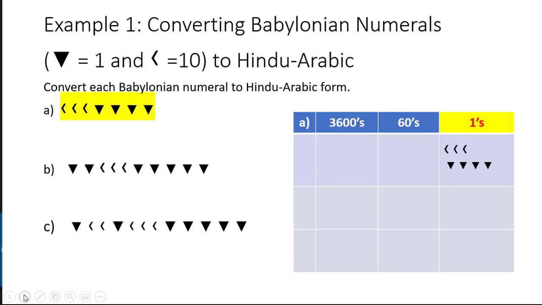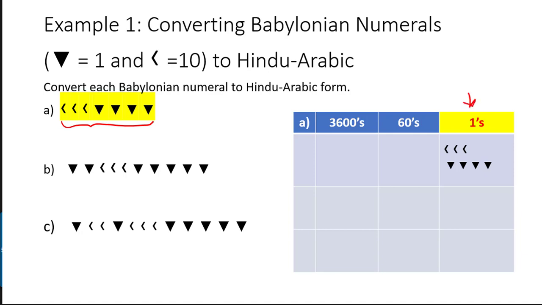Let's go ahead and convert these numbers from Babylonian numerals to Hindu-Arabic form, our regular number system. Let's start with A, and remember that the inverted triangle is 1 and the little wedge is a 10. So in A, we only have one grouping of 10s and 1s. This would mean that this entire thing would be a single digit to the Babylonians. So they're all in the 1s place.